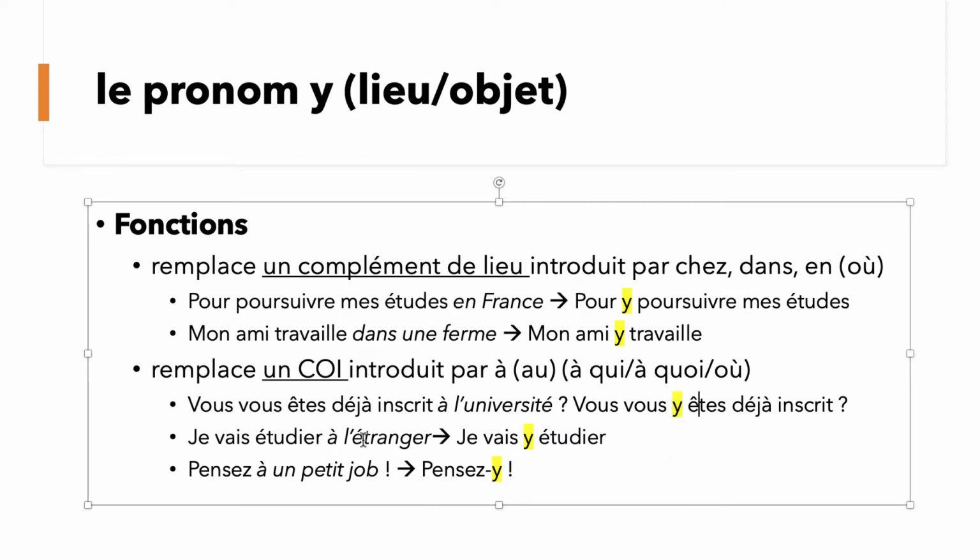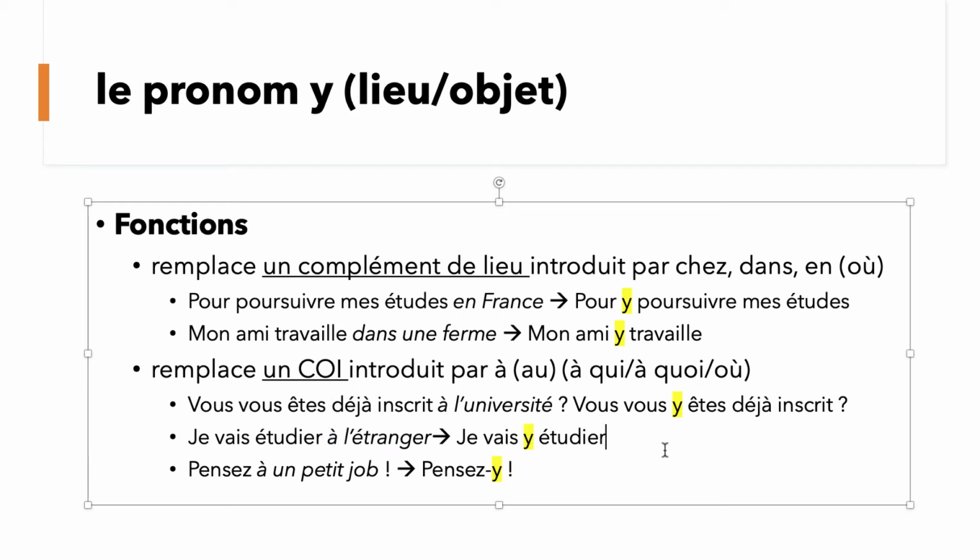Je vais étudier à l'étranger. Notice I can say je vais étudier où? À l'étranger. Right? So you have a place here. I'm going to keep mentioning it because it might get confusing when we do a COI next class, but number one rule is it's still a place. The only difference is it has a preposition that makes it a COI, all right?